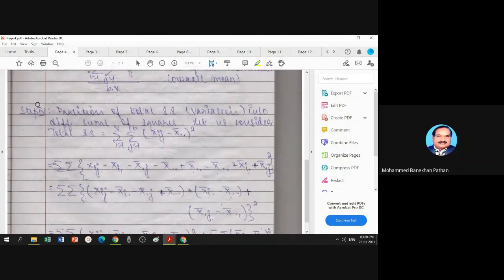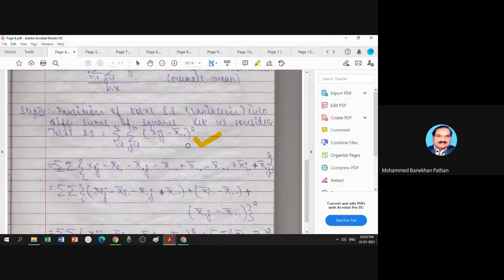Step number 4, partition of total SS, that is total variation, into different sums of squares. Let us consider total sum of squares is double summation i 1 to v, j 1 to b, (X_ij minus X bar double dot) squared. This is the formula for your total sum of squares.